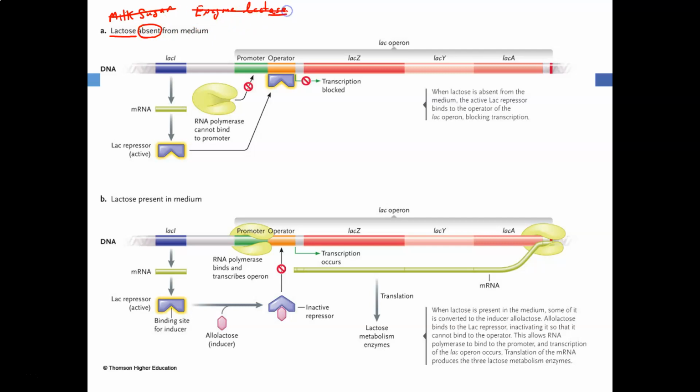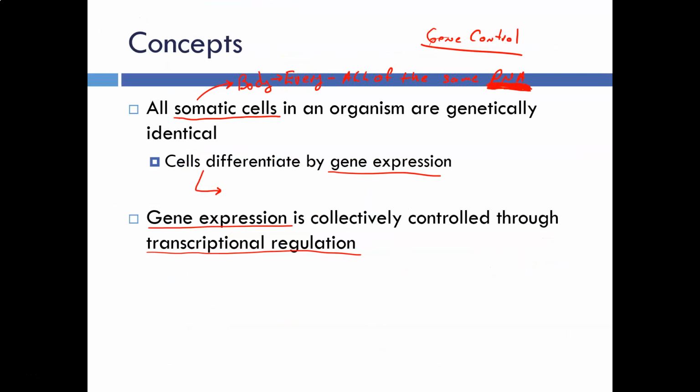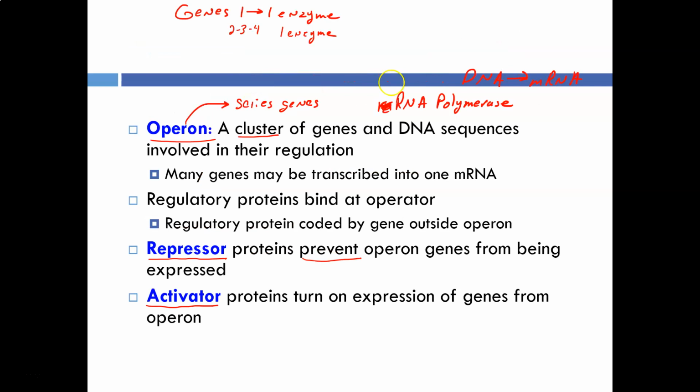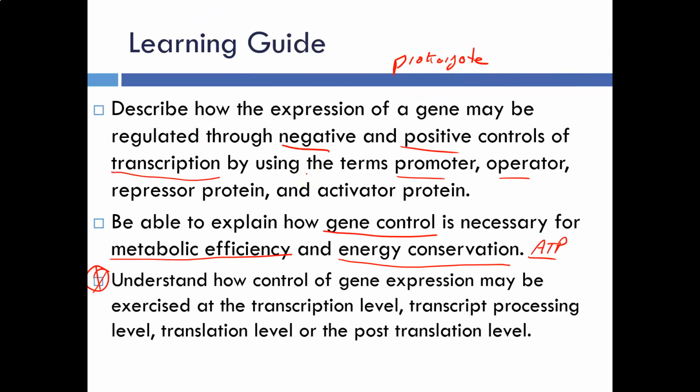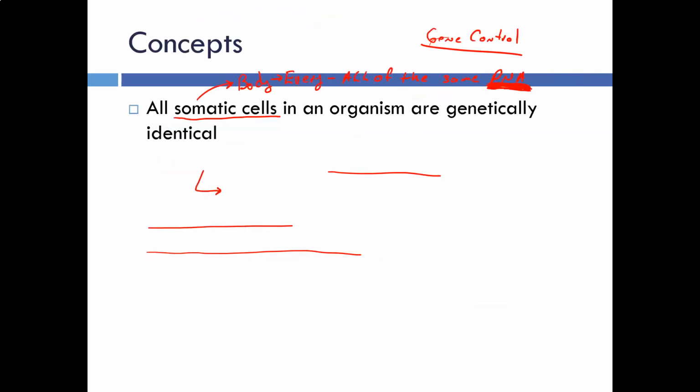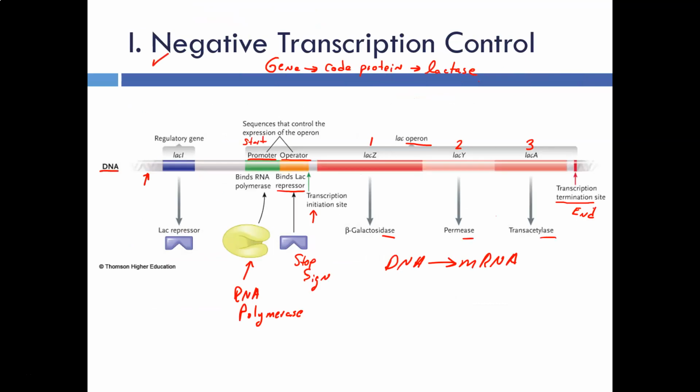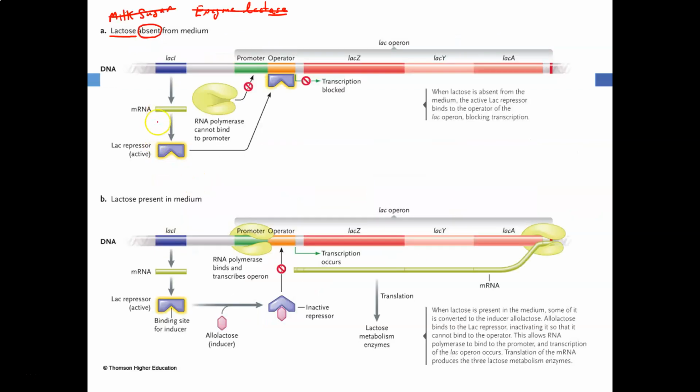If you think about it, if you don't have milk sugar, do you need this enzyme? The answer is no, because remember, going back to the slide I had over here, it's all about saving energy. If you don't have the sugar, why waste the energy and the materials to make something when you don't need it? So when you look at this negative control, this repressor is going to be made and bind here to this operator.